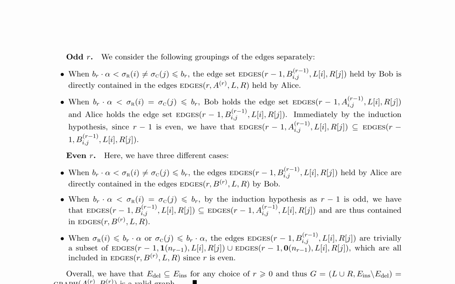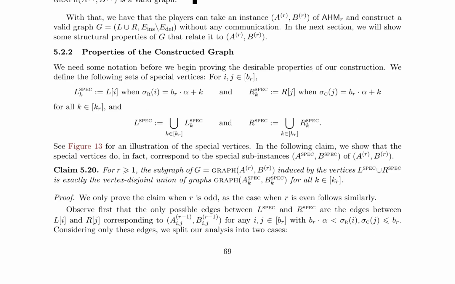This result is crucial for understanding the structural properties of the constructed graph and its relationship to the original instance A_R, B_R of AHM_rand. The authors' approach involves analyzing the edge sets held by each player and demonstrating their containment within each other. This containment property is essential for ensuring the validity of the constructed graph. By introducing special vertices and subinstances, the authors provide a deeper understanding of the graph's structure and its connection to the original instance of AHM_rand.